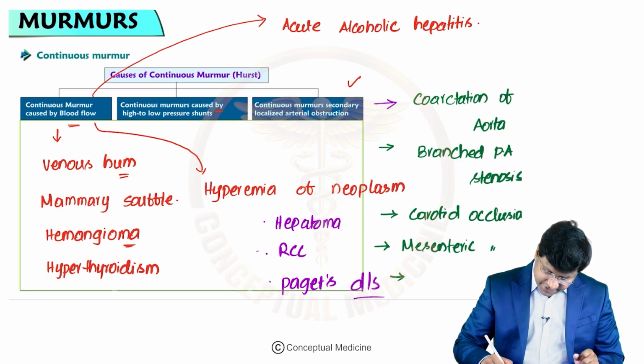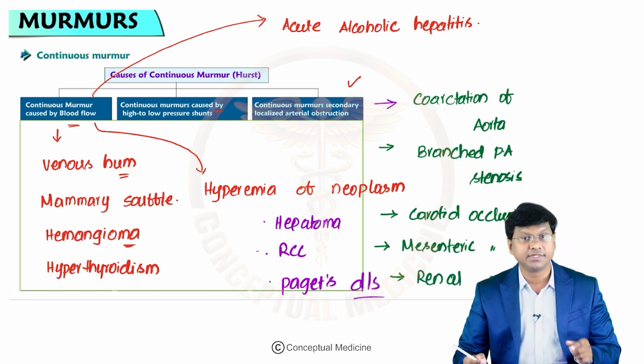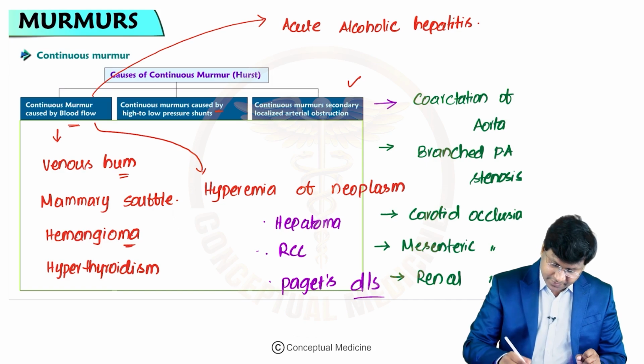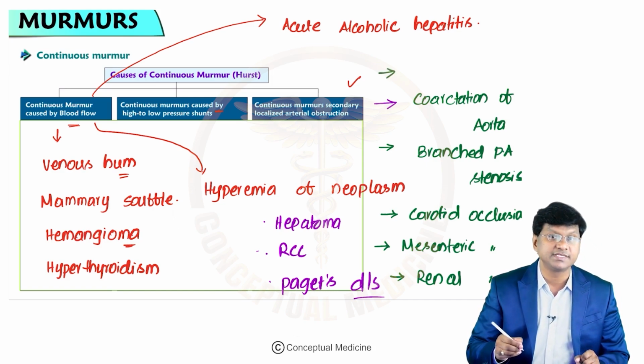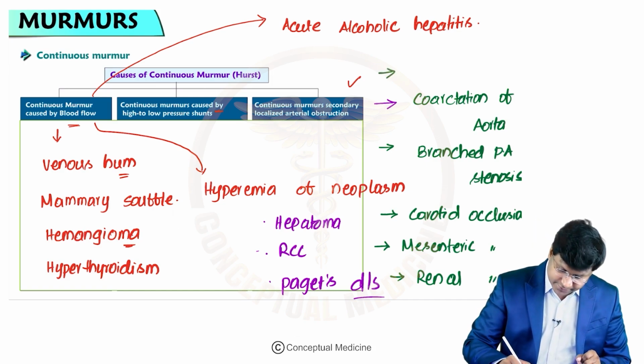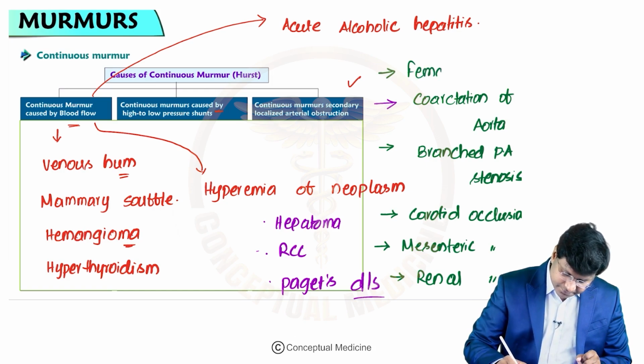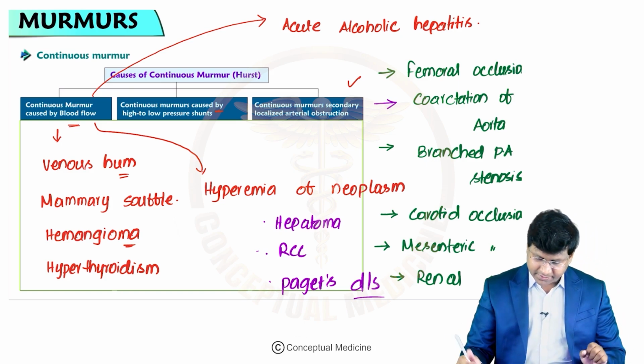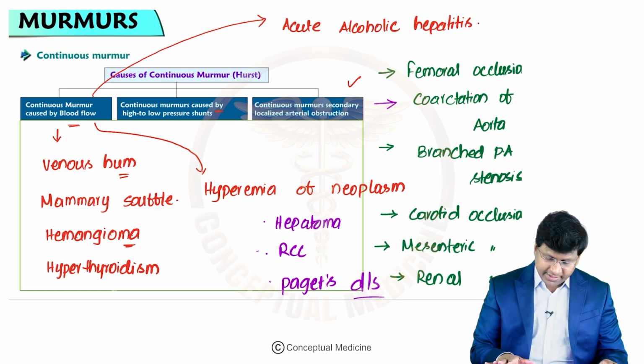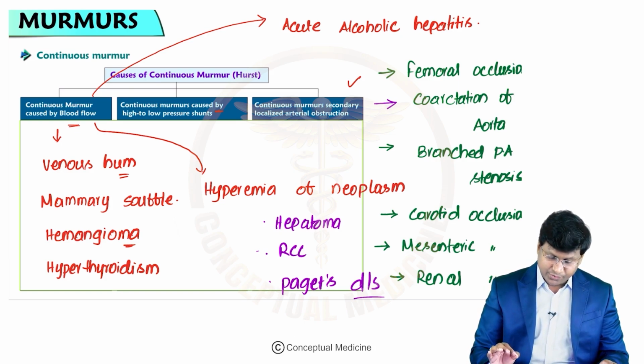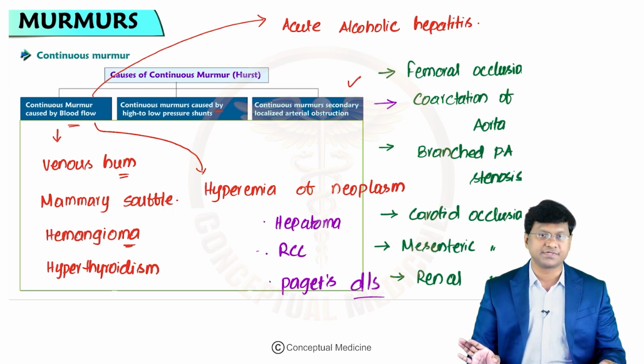Next, in patients with renal occlusion, there can be a continuous murmur, and as well as in clinical scenarios like femoral occlusion, there can be continuous murmur. Okay, so these are all the conditions where you have the continuous murmurs secondary to localized arterial obstruction.